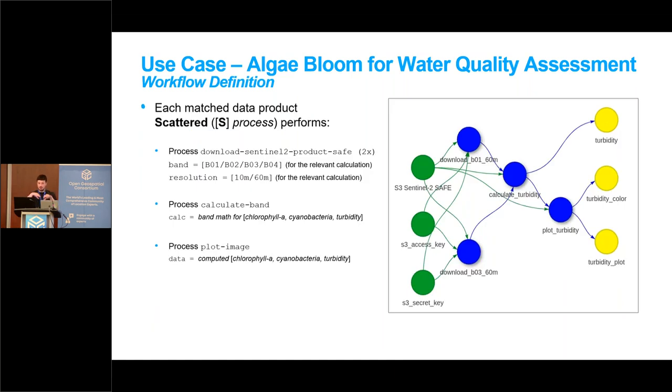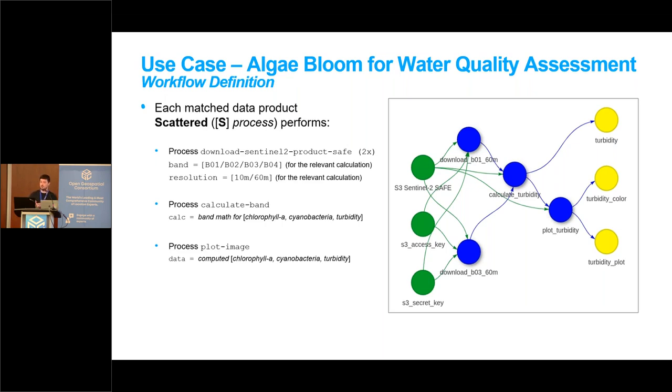So diving a bit deeper into one instance of this scattered process, it starts by performing a download operation for the relevant bands that are used for the different items to compute. And then there's a calculation step that is done with OGC process.